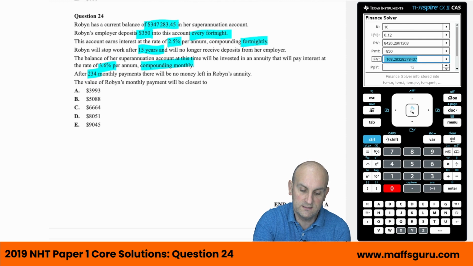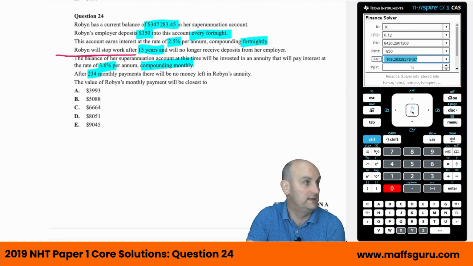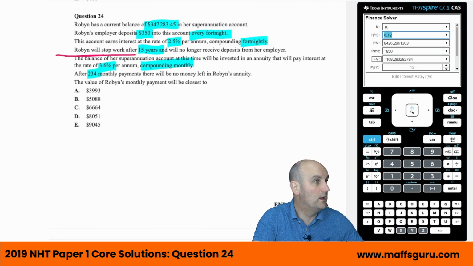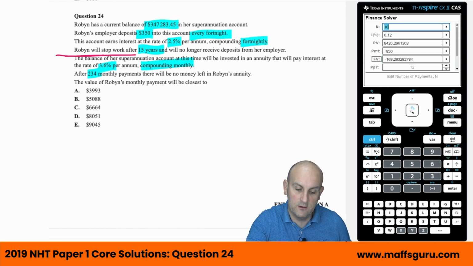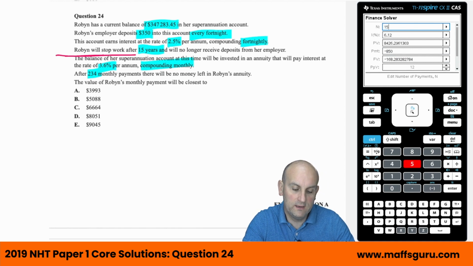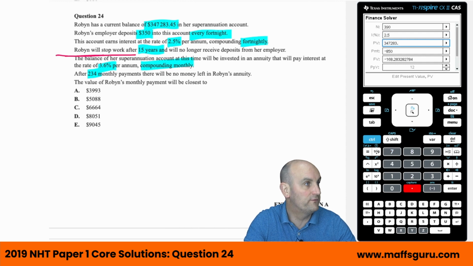All right, so first things first, let's deal with the first thing. It's basically up until that 15 years. So she's 15 years, compounding fortnightly. So we need to times that by 26 because there's 26 fortnights in a year. So that's the trick. The interest rate was 2.5%. Her principal value was 347,283.45.